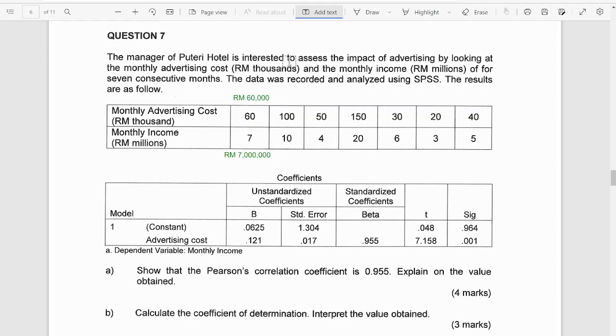But in our situation, we are only dealing with two variables at a time. So that's why the chapter title is called Bivariate analysis. Bivariate means two variables, bi is two.